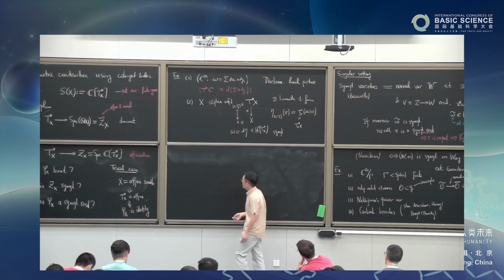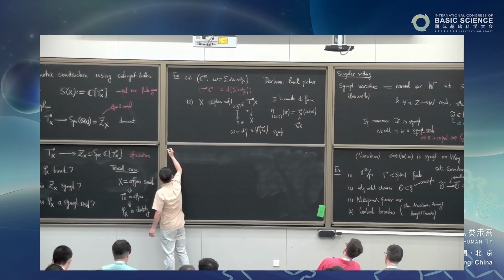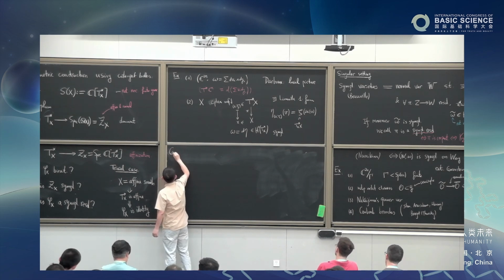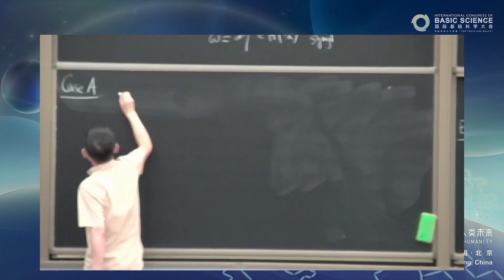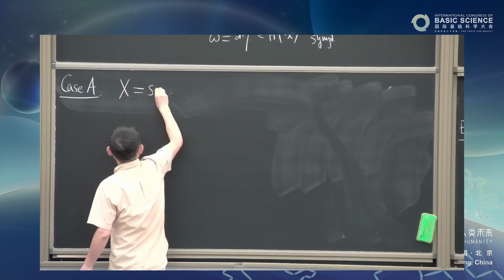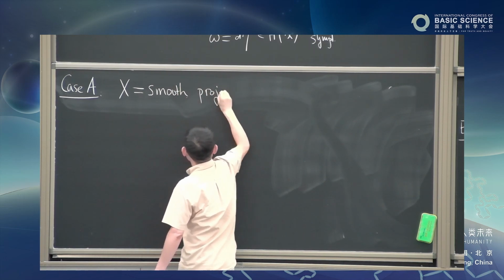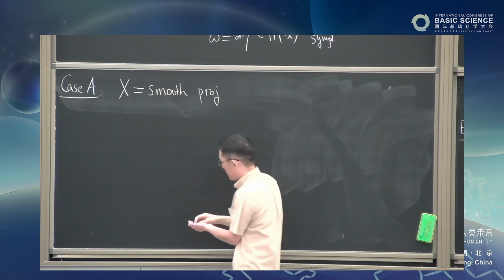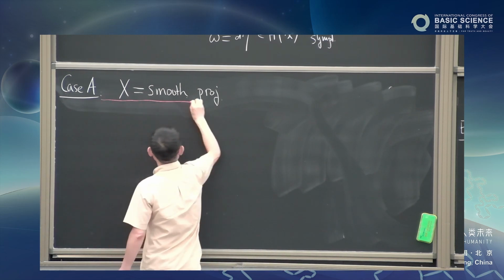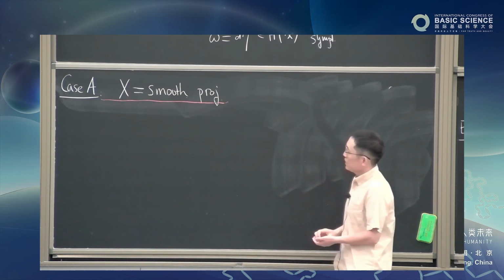And then what's the interesting case? There are two cases we consider. Case one: let X be smooth projective. And of course, this is non-trivial.